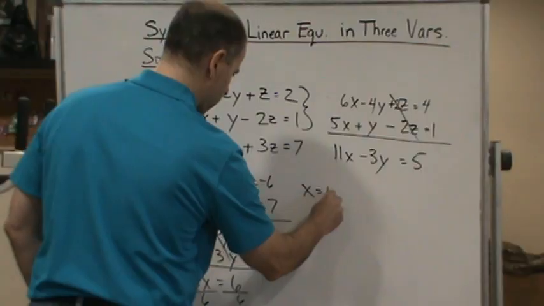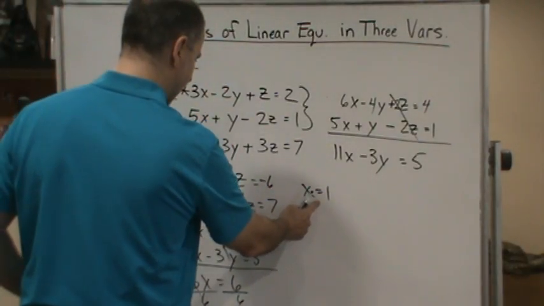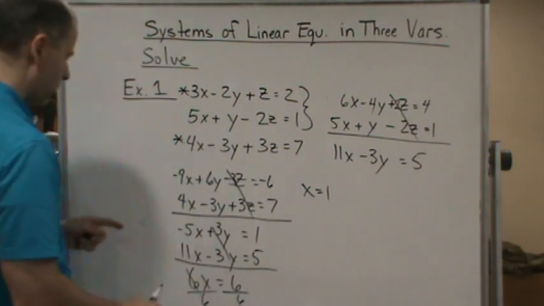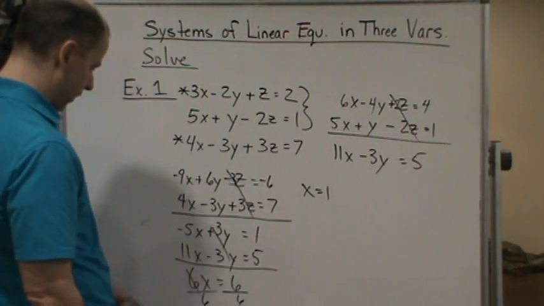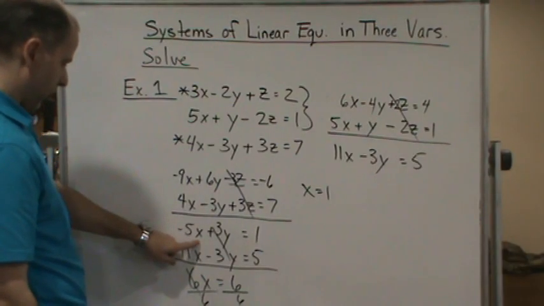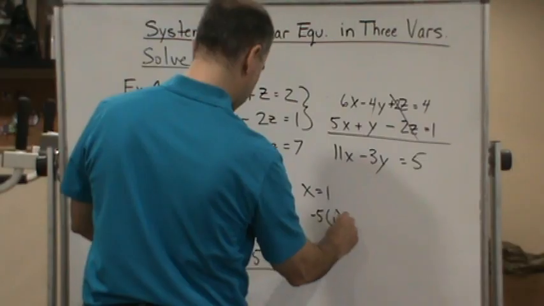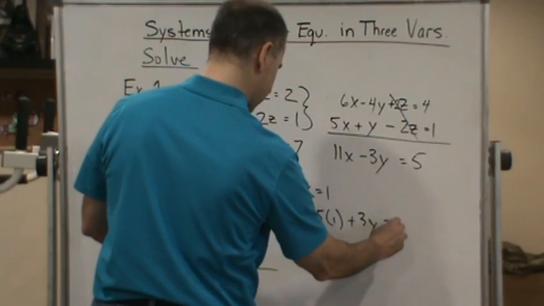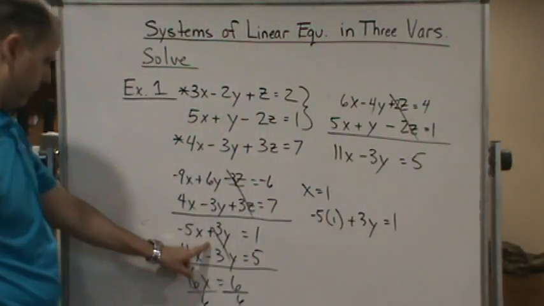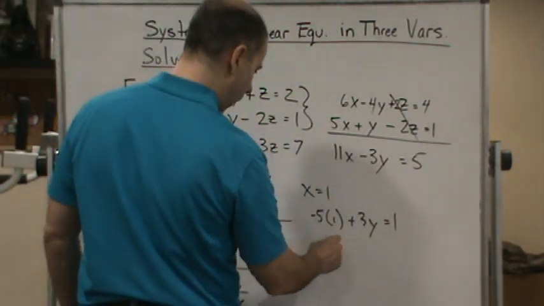So x equals 1, and now I'm going to put the value of x into one of our 2 original equations here. I'm going to choose the first one. So we're going to do negative 5 times 1 plus 3y equals 1. Okay, now I'm going to solve for y.